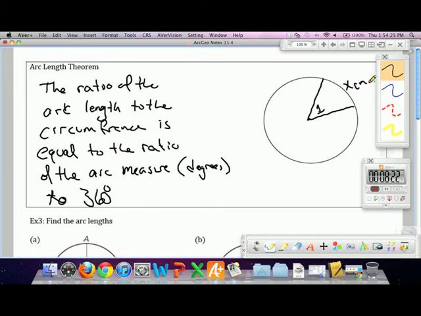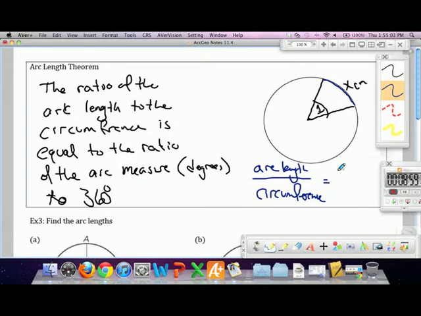What I'm saying is that if I find the ratio of the length of this arc and compare that to the entire circumference, so arc length to circumference, or if I measure around this little piece as compared to going around the entire circle once, that ratio is the same as the degree measure of this arc to 360, or going entirely around a circle once.